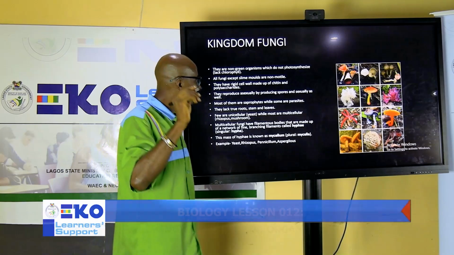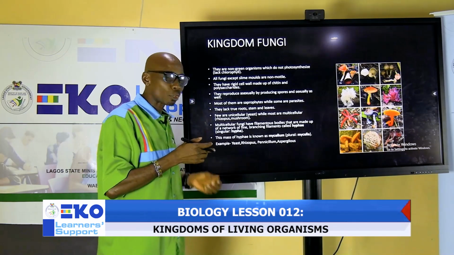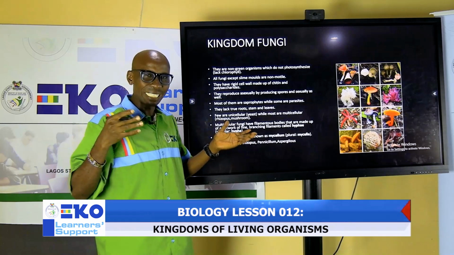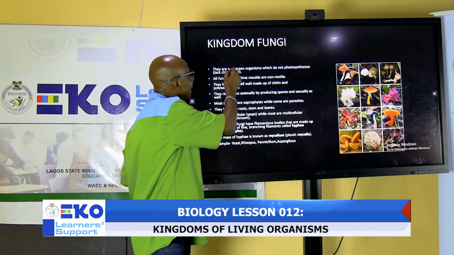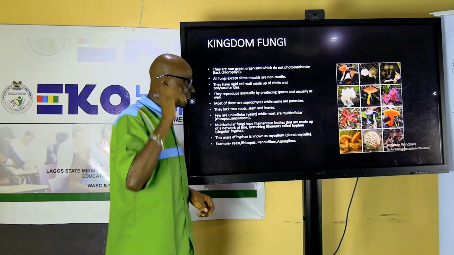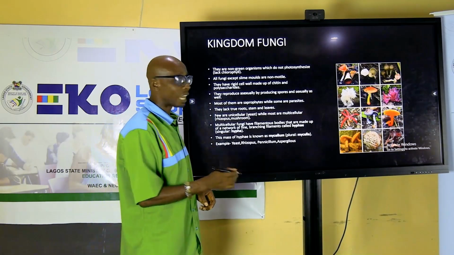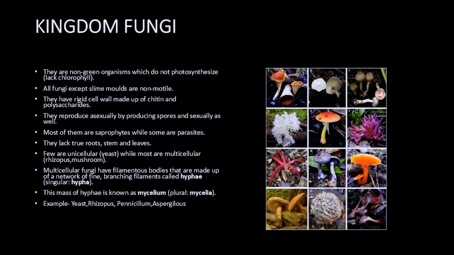In the old classification, they were classified under the Thallophyta because they are thread-like in nature, like the thallophytes. But because they lack chlorophyll and their cell wall lacks cellulose, they are now placed in their own special group. Most fungi are multicellular, except yeast, which is unicellular.